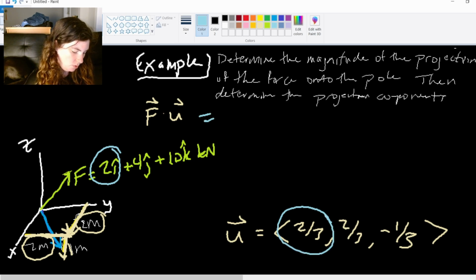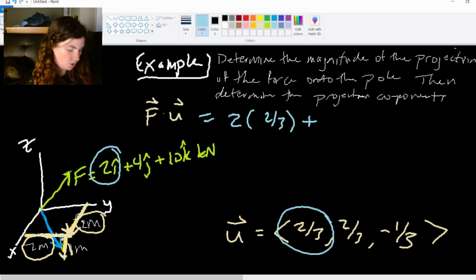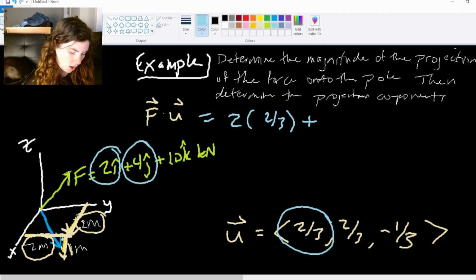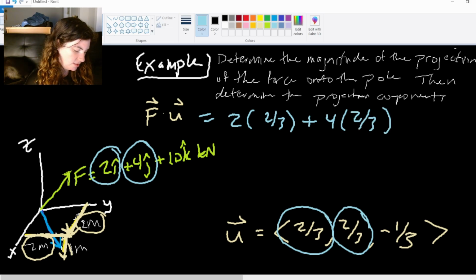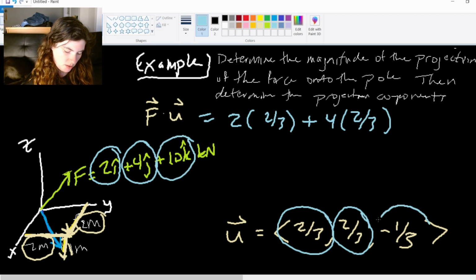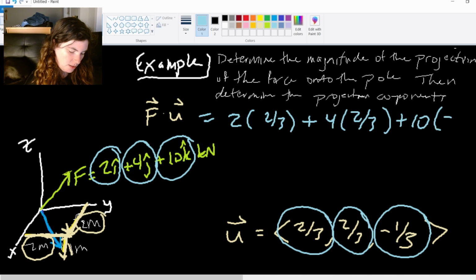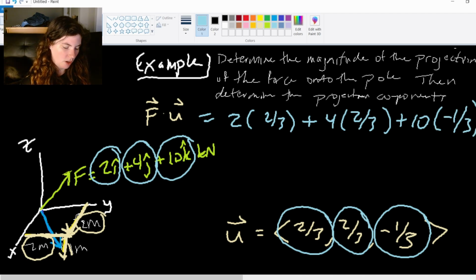F dotted with u is 2 times 2/3. Then our y components multiplied together, 4 times 2/3. Then finally our z component, 10 times negative 1/3. I plug that summation all into the calculator.